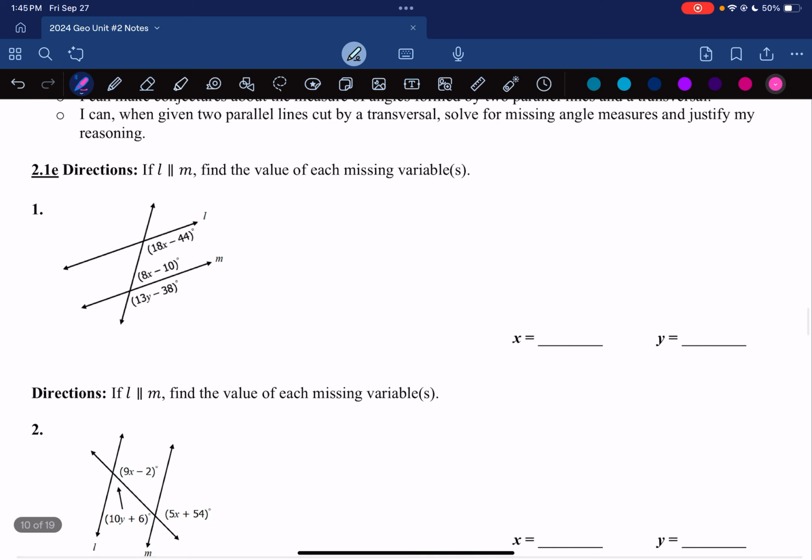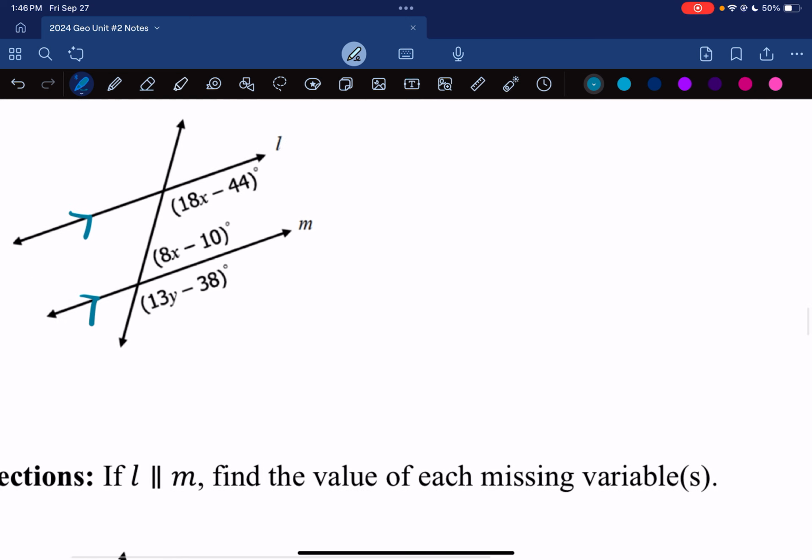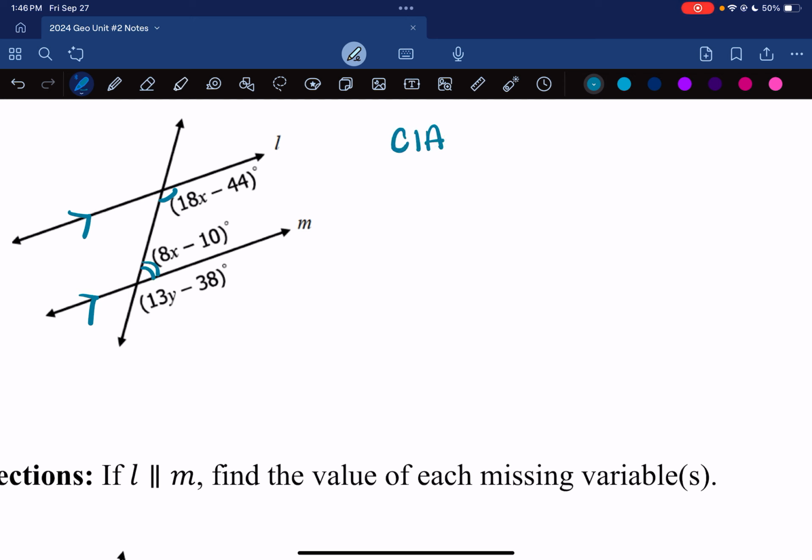So in number 1, it says L and M are parallel, which means we can add that to our picture. We need to find x and y. So our two angles right here with x are supplementary because they are consecutive interior angles, which means 8x minus 10 plus 18x minus 44 add to 180.